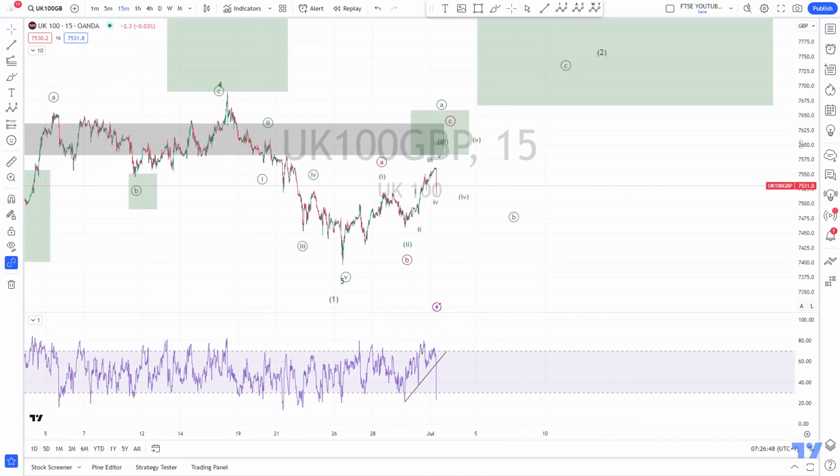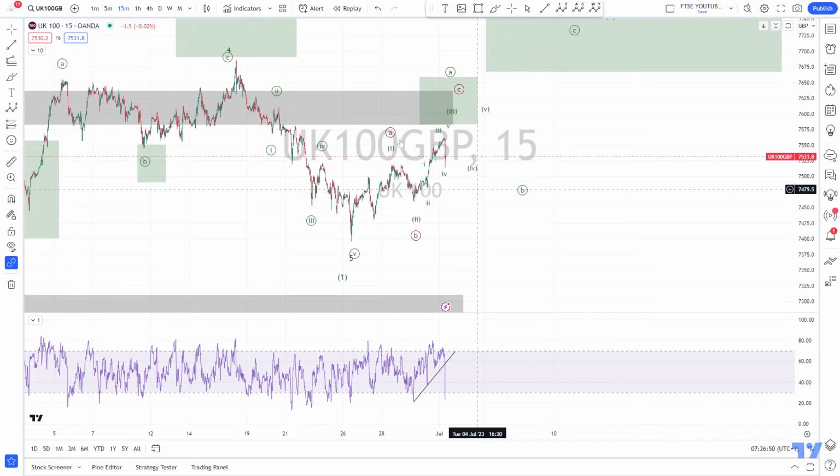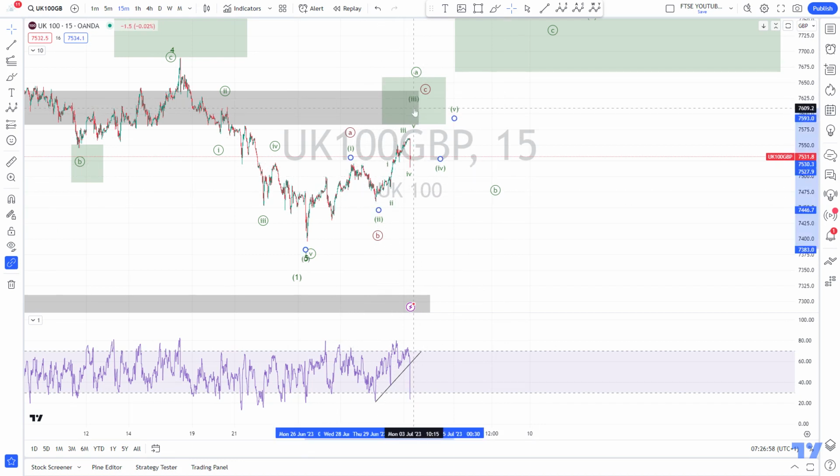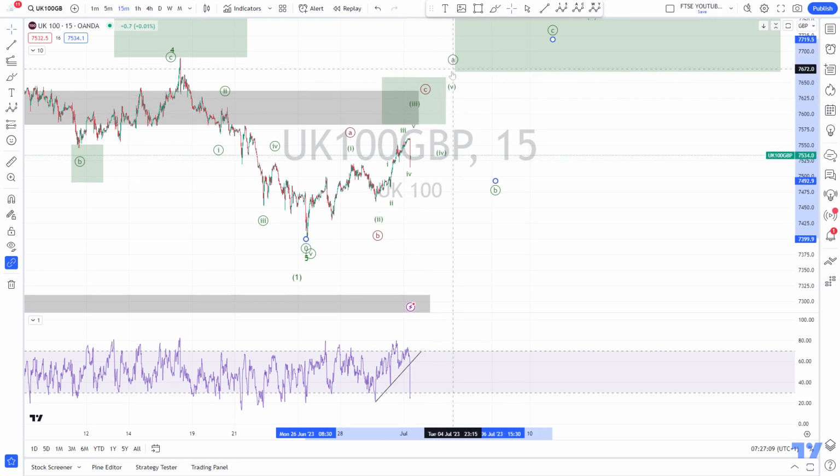Then I would look at this micro count: this here was a wave 1, this was a wave 2. Now we are doing a wave 3 that should end into this area, a wave 4, a wave 5, then we have our wave A, then a wave B to the downside, and then we can go up again.